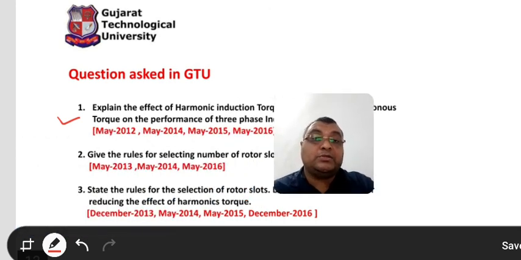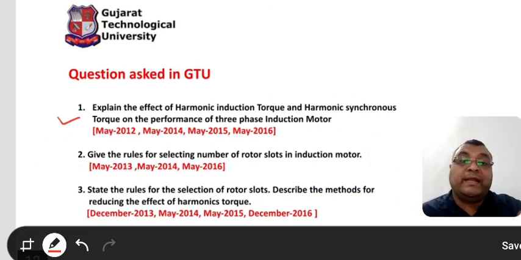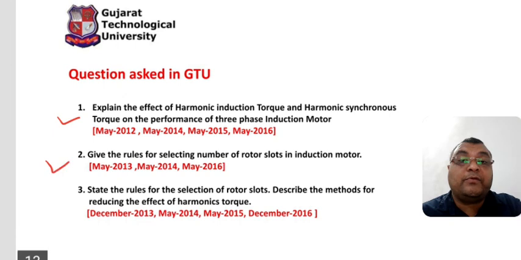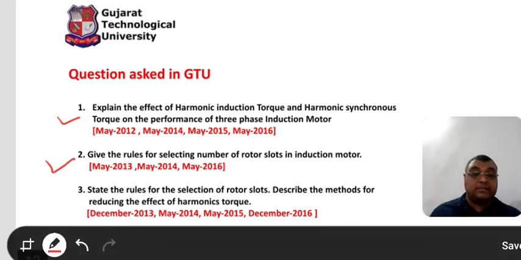One more question is: give the rules of selecting the number of rotor slots in an induction motor. That is what we discussed in this video. You have to explain those conditions in detail in this question.